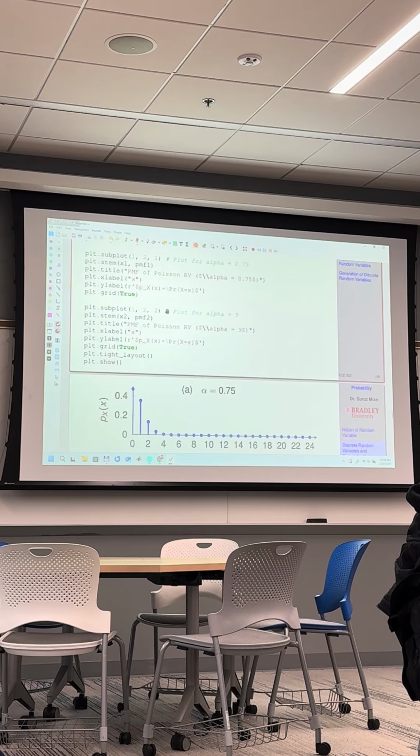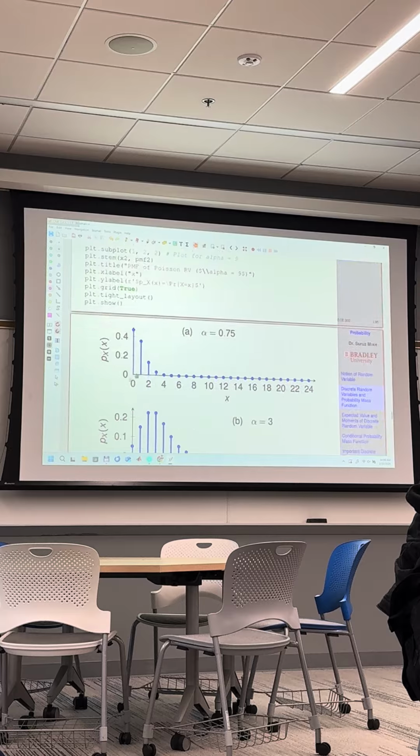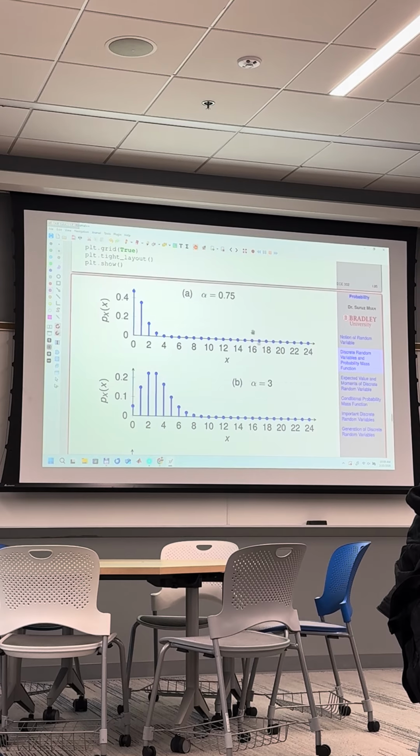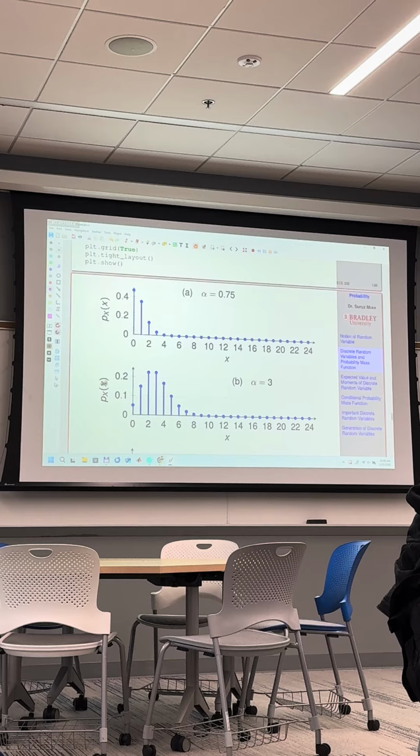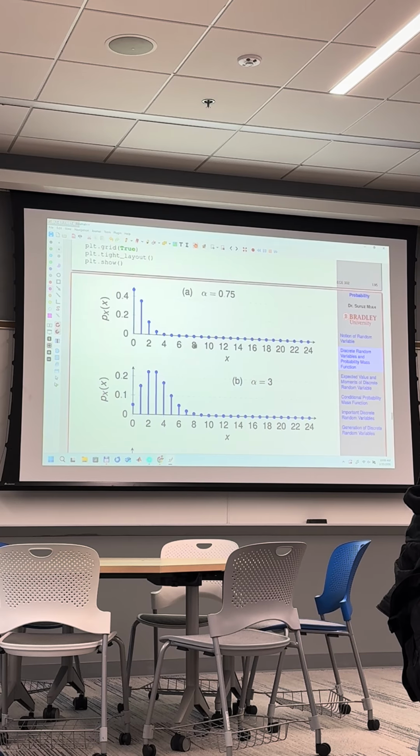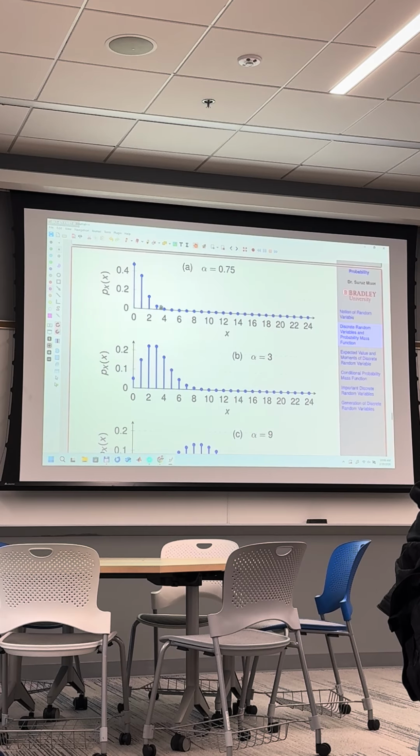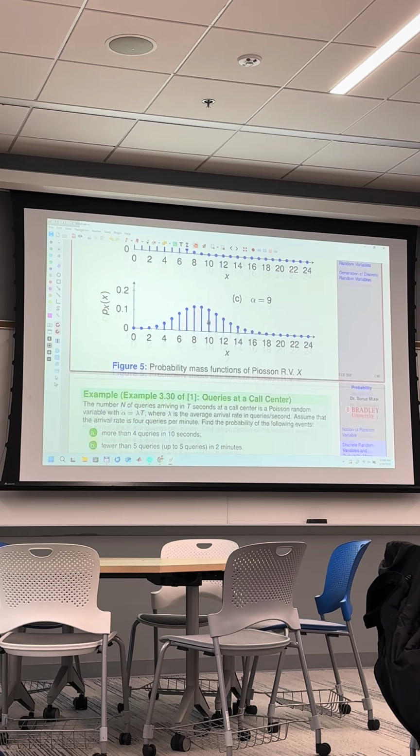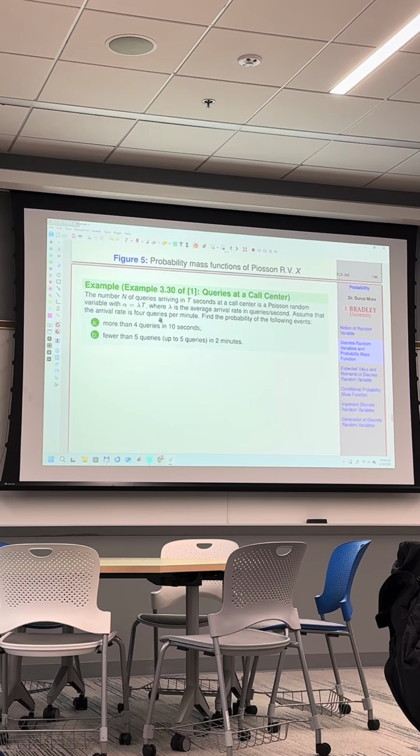If you simply run this code, you will see plots similar to the ones you see here, the Poisson PMF plots. And then there is one example that I put as a homework problem, so you should be able to solve it.